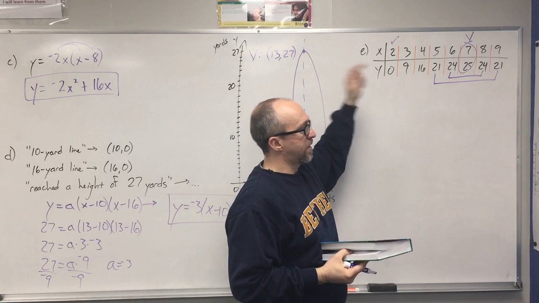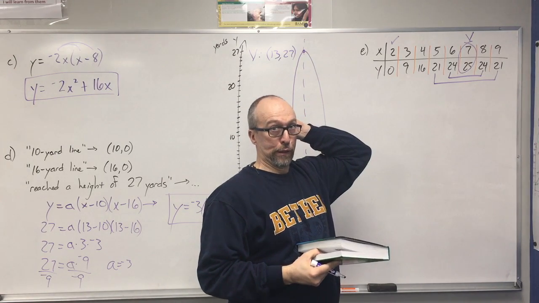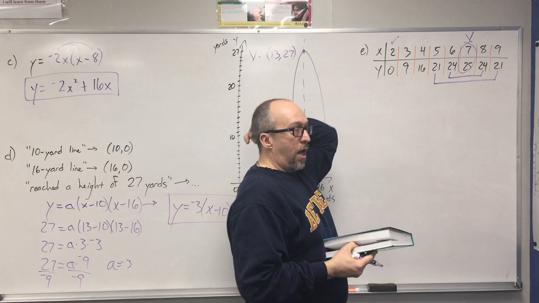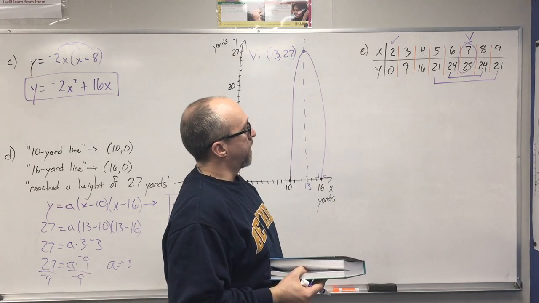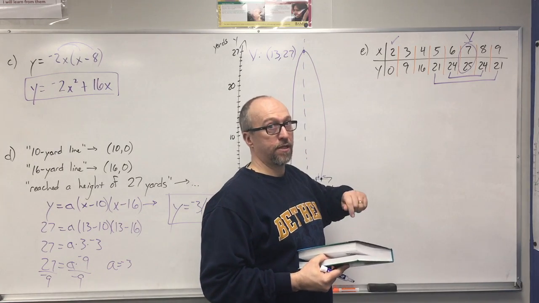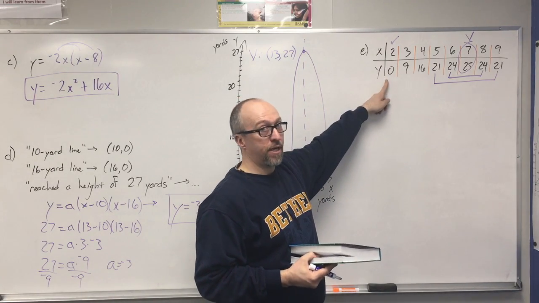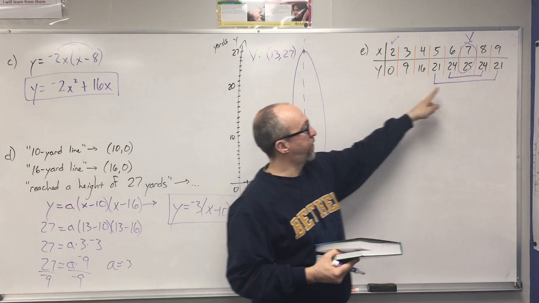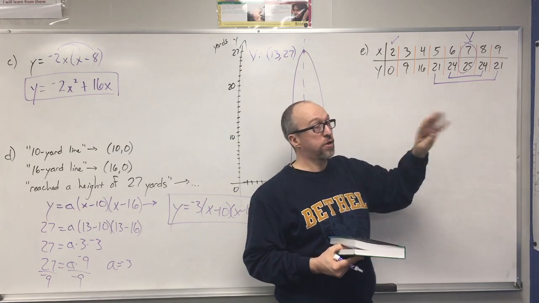I don't have the other x-intercept. So I'm kind of in this place where I'm like, I'm not sure what to do. I definitely know my vertex. I know one of my x-intercepts, but I don't know what the other one is. Now, here's what I could do.